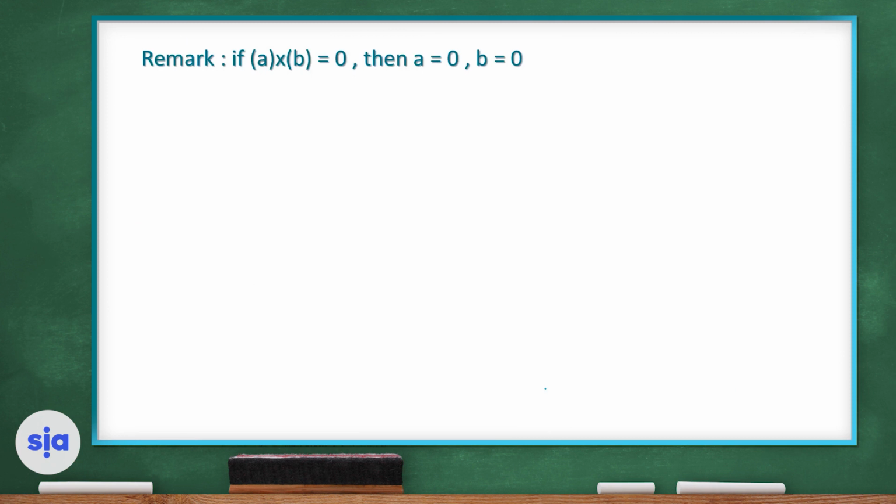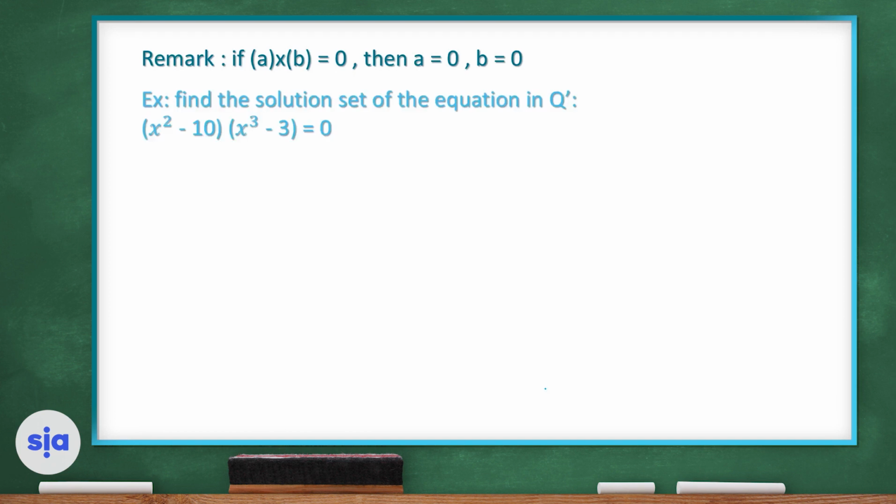And there is a remark that says that if a times b equals 0, then a equals 0 or b equals 0. So if I have this equation, and the question wants us to find the solution set of the equation in irrational numbers, and the question says x squared minus 10 times x cubed minus 3 is equal to 0. So what we do is that we take each bracket, we make it equal to 0. So we take x squared minus 10 equals 0 and x cubed minus 3 equals 0.